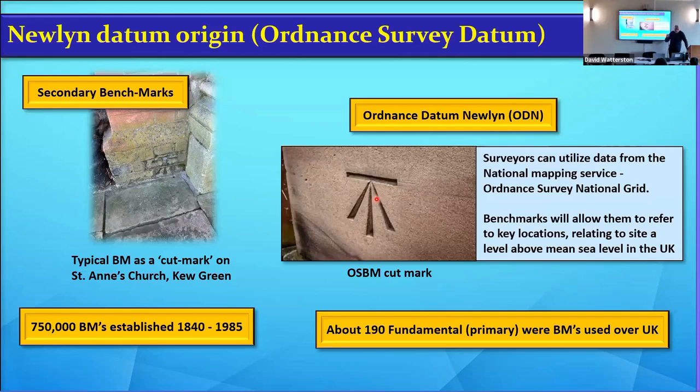And the whole lot was based on the mean sea level at Newlyn, right? What they did, over an enormous amount of time, is they measured mean sea levels for neap tides and the other tide. So there were two extremities of the tides.